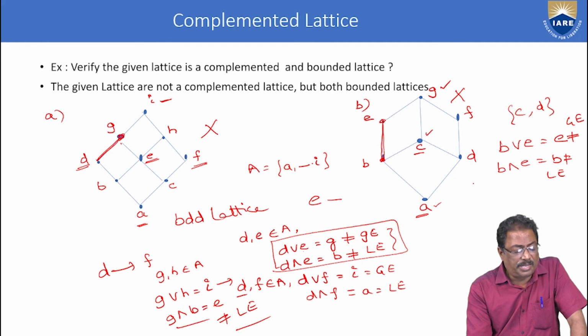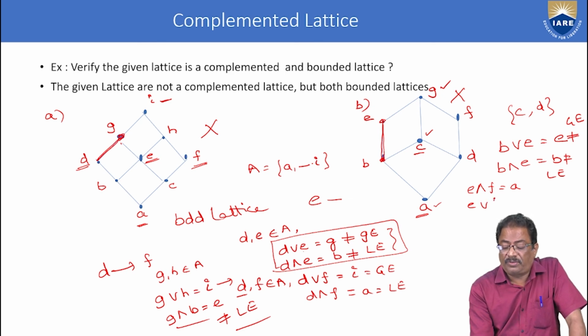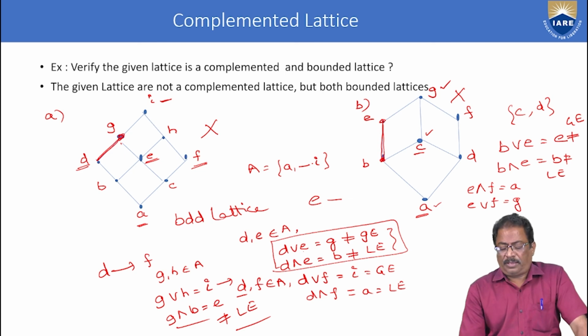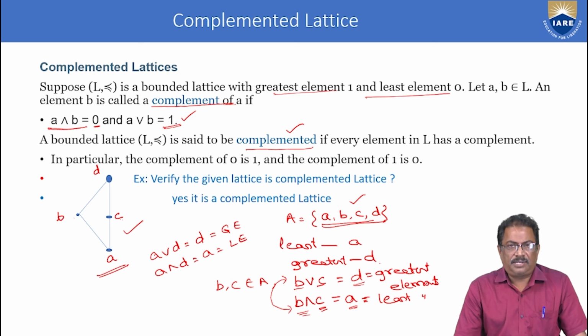Whereas for these two, E and F, the greatest lower bound gives the least element, and the least upper bound gives the greatest element. So a complemented lattice is nothing but a lattice in which every element in the set has a complement. Otherwise, it is not a complemented lattice.